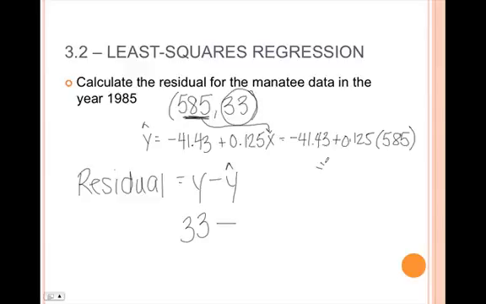And that gives me 31.695, which is what my regression line predicts. So 31.695, which if I subtract gives me a residual of 1.305.